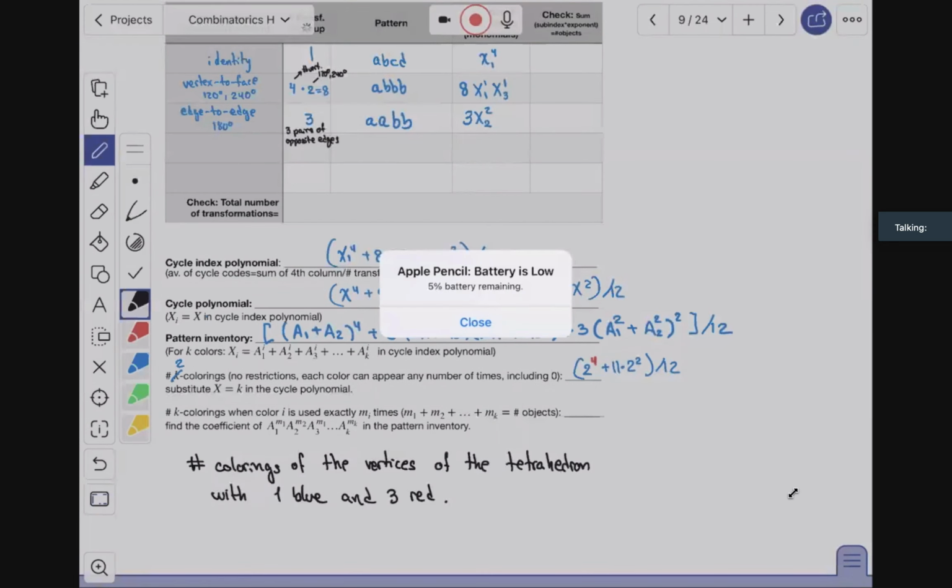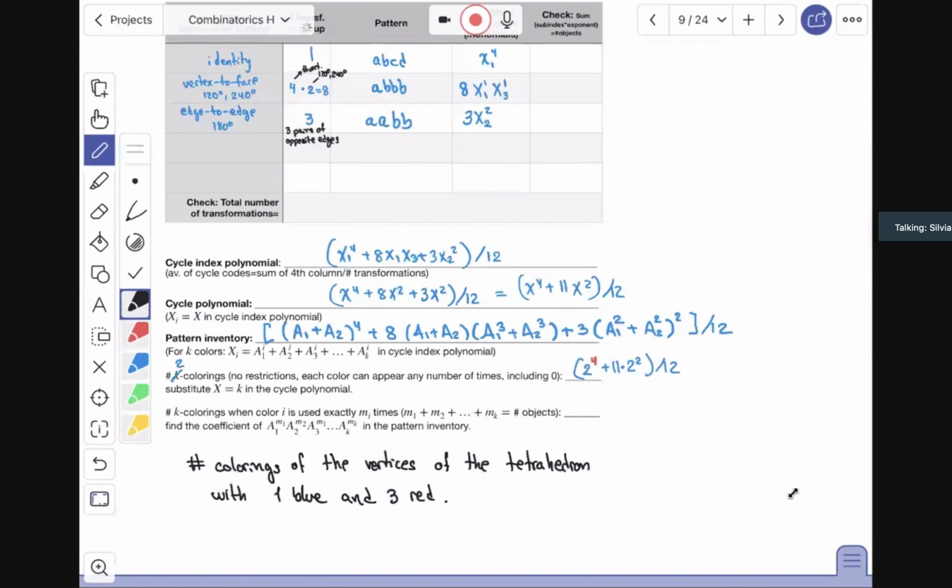My pencil, I hope it lasts 9 more minutes. So I'm going to use M1 equals 1. It doesn't matter, it could be M1 equals 3, M2 equals 1. I can reverse these.